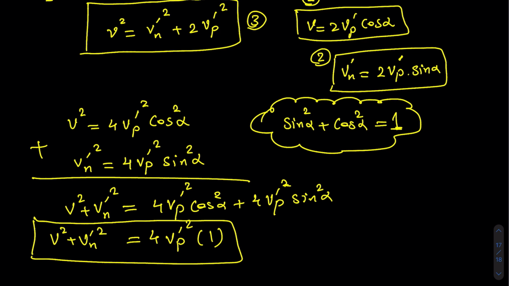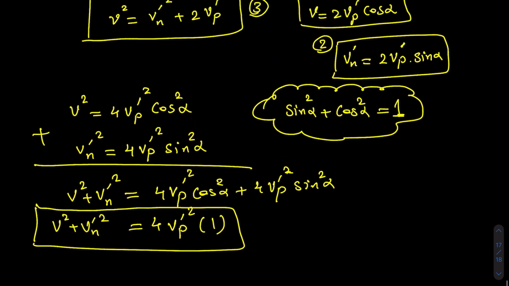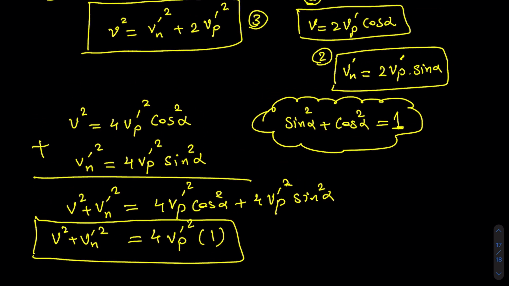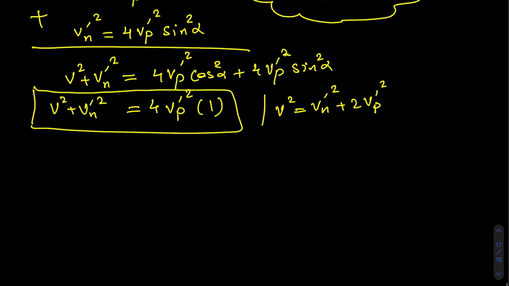So now let's put these two equations next to each other and see what we can do with them. Let me write this equation of law of conservation of energy down next to this. V squared is equal to v nucleus prime to the power of 2 plus 2 times the velocity of the particle squared. So this is another equation. Look carefully at these two equations.